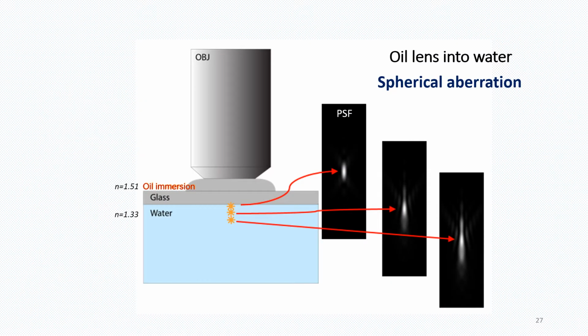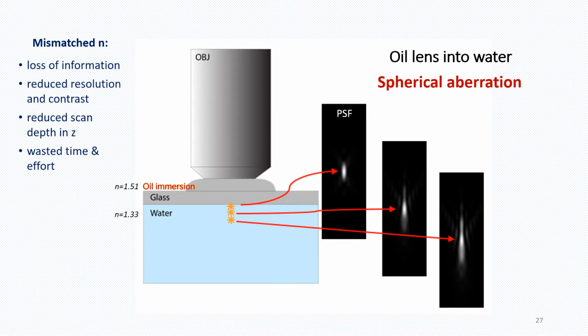For instance, if an oil immersion lens is used to image a sample immersed in an aqueous medium, the mismatch in refractive indices messes with the PSF as light goes deeper into the sample. This causes spherical aberration, bringing about the loss of information, resolution, and brightness with imaging depth, and results in images that are far from optimal.